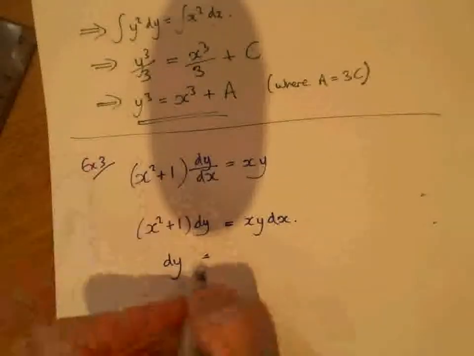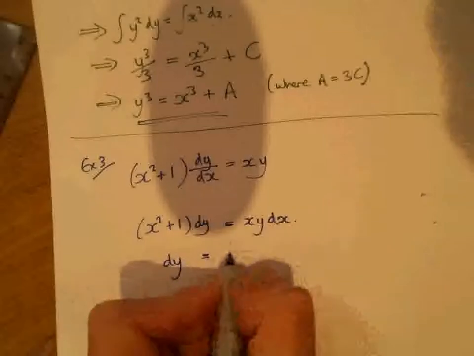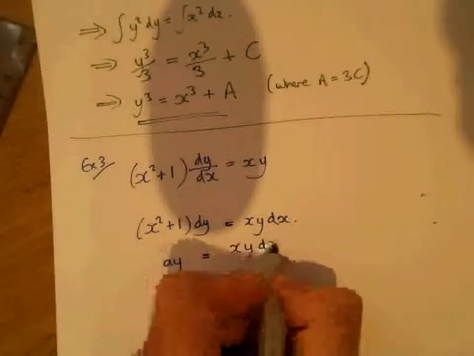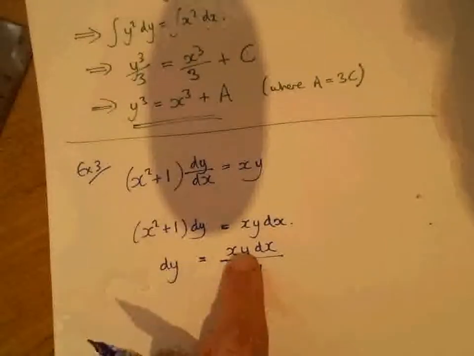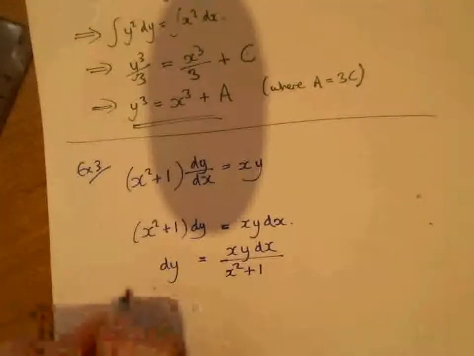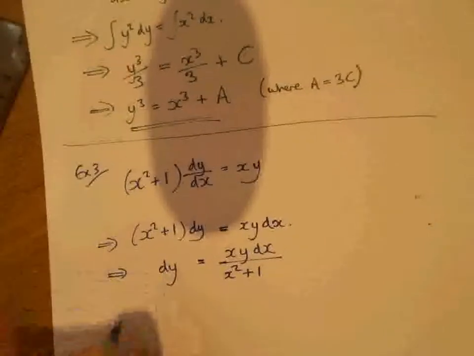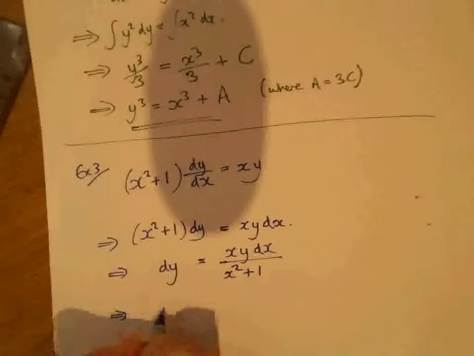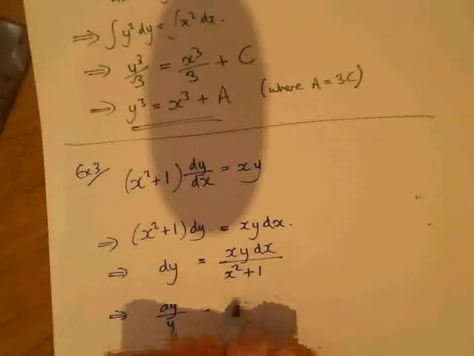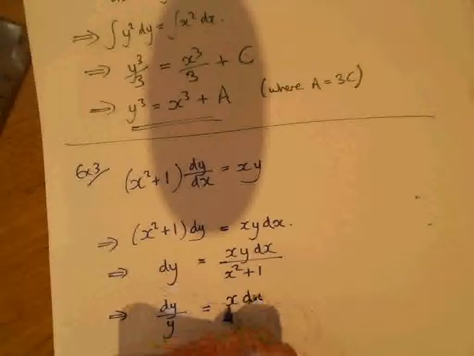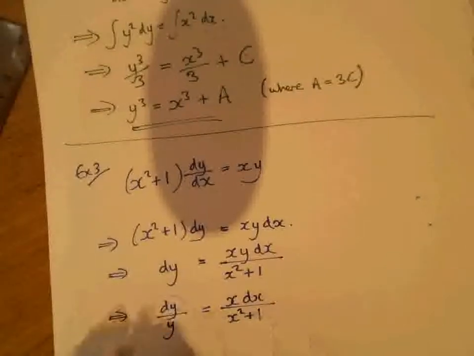So that's got rid of all the x-related terms on the left-hand side. Leaves us with a bit of a mess on the right. But we've still got a y on the right. So if we divide by the y, then we get dy over y. Let's write it as that for now. And then we've got this awkward mess here, x dx divided by x squared plus 1.